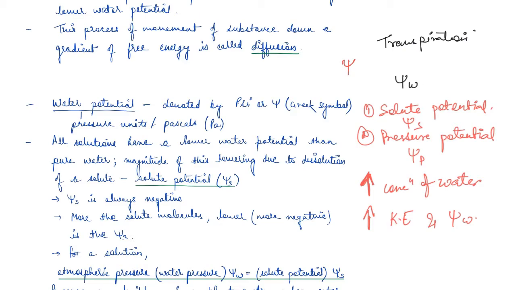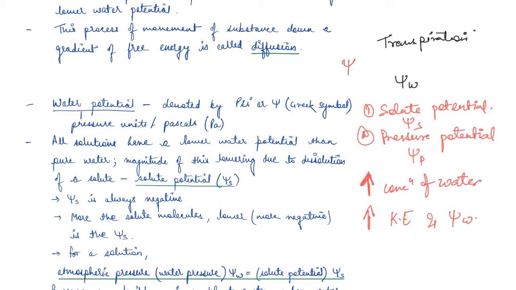Now, remember guys, all solutions have a lower water potential than pure water. For pure water, it will be zero. Okay, the magnitude of this lowering due to the dissolution of solute is known as solute potential.